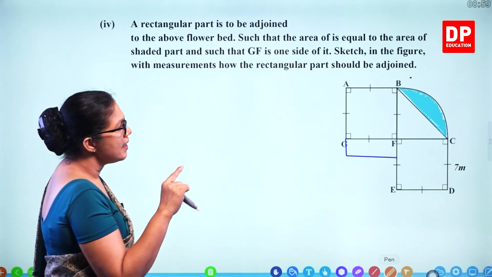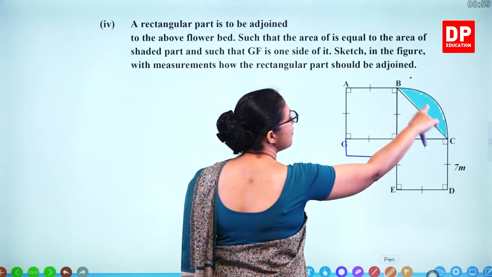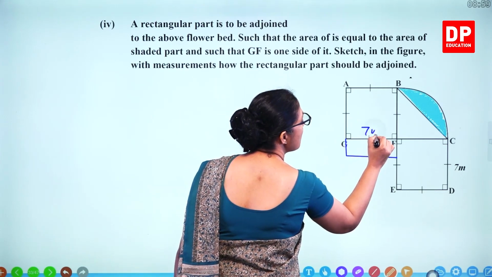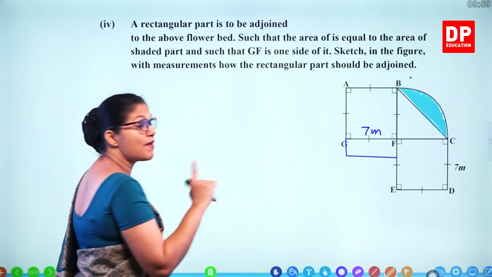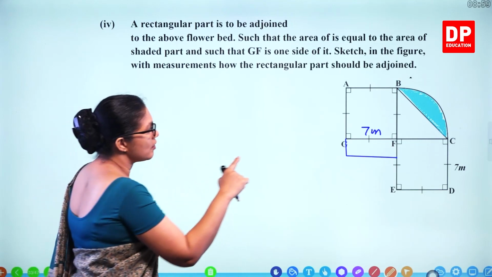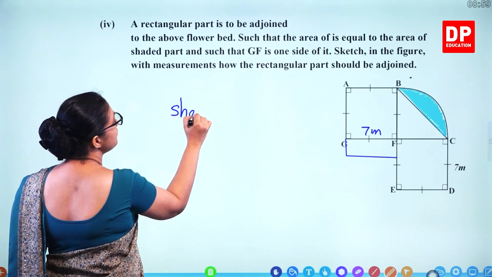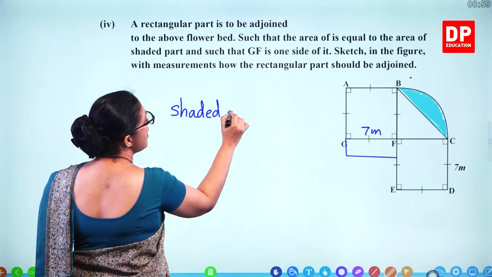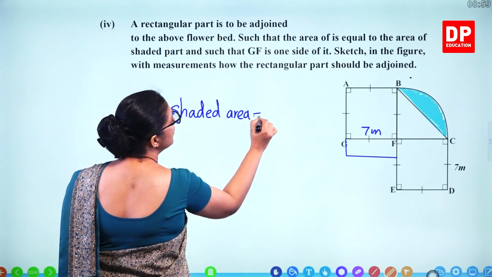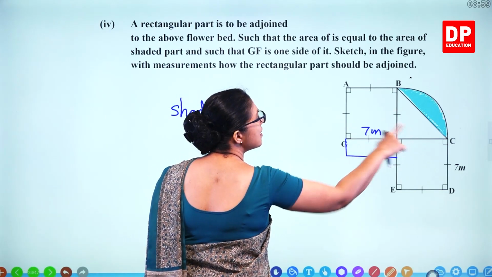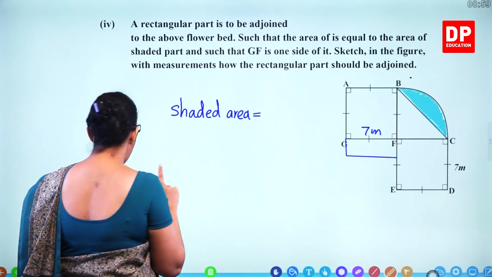So we can find out this area first, and we know one side is 7 meters, and see what's the breadth of the rectangle. So what's the shaded area? Shaded area is equal to this sector area. We did that before.